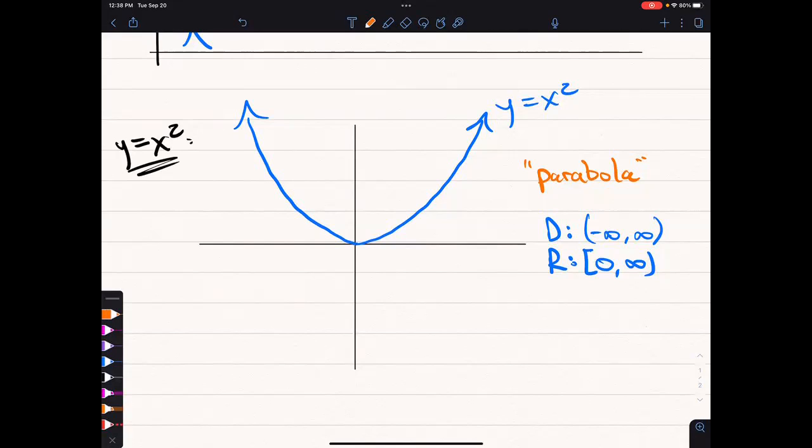So this point that's different than the others, which is the same point that we've been keeping track of to move them around and do all the transformation stuff, it's 0, 0 on this one. That's called the vertex. Again, I've probably said vertex a few times, but now, officially, that's the name of that point.